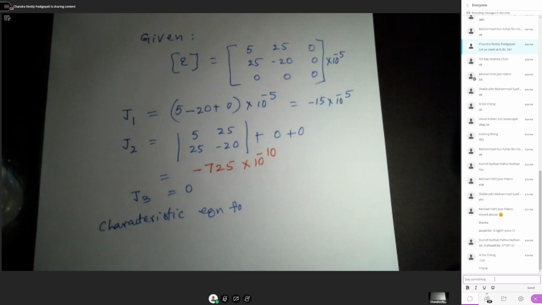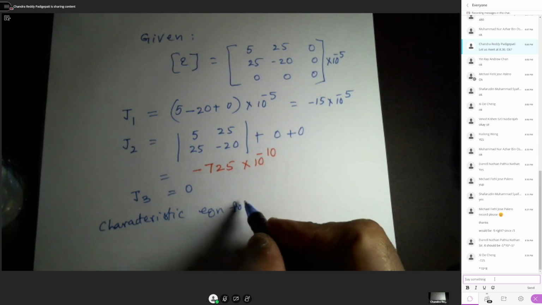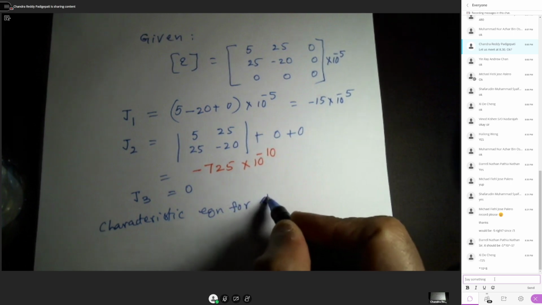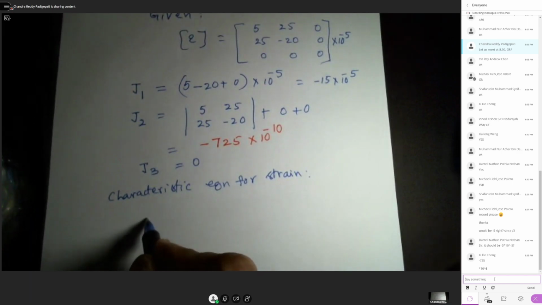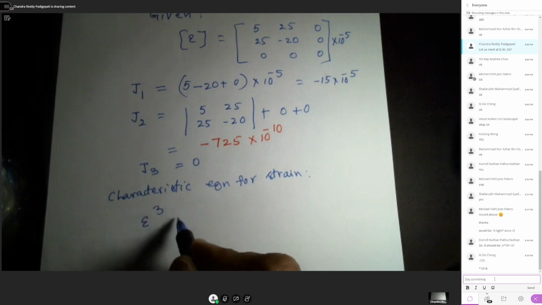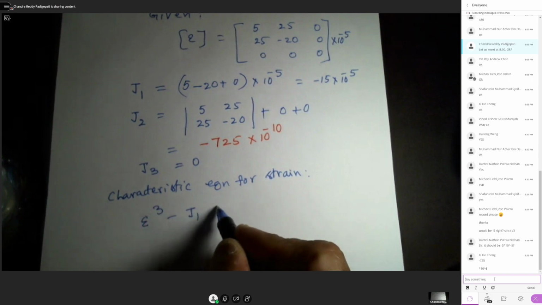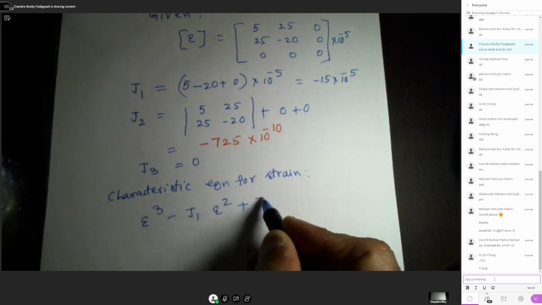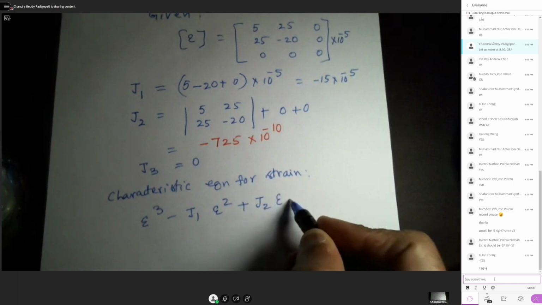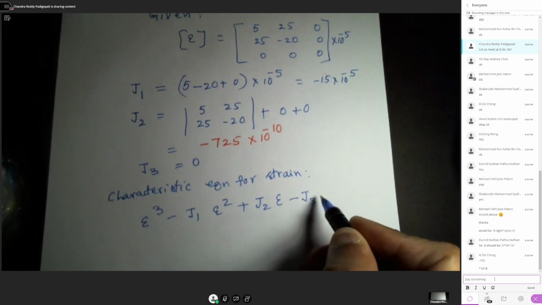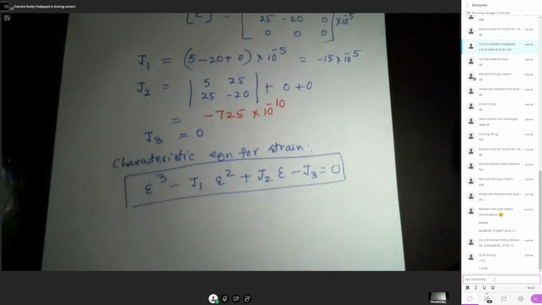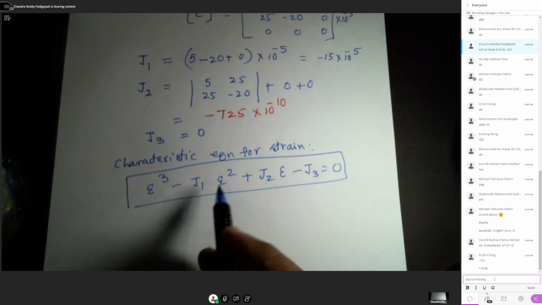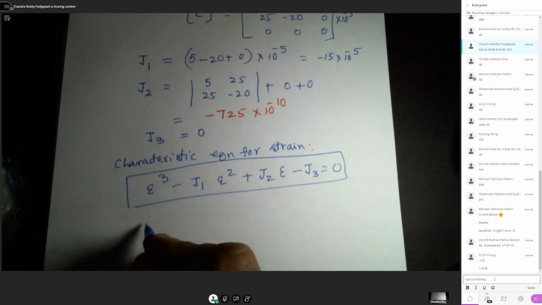Then we can write the characteristic equation for strain: epsilon cube minus J1 epsilon square plus J2 epsilon minus J3 is equal to 0. Just substitute the J1, J2, J3 values.